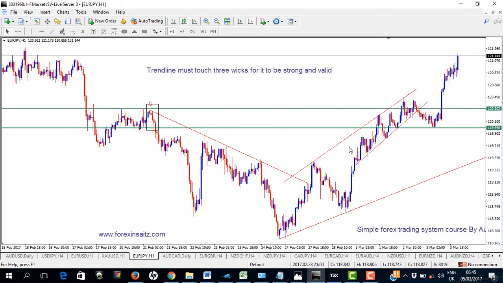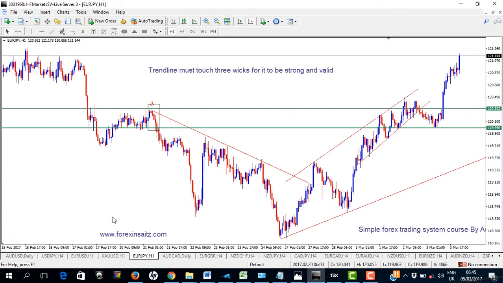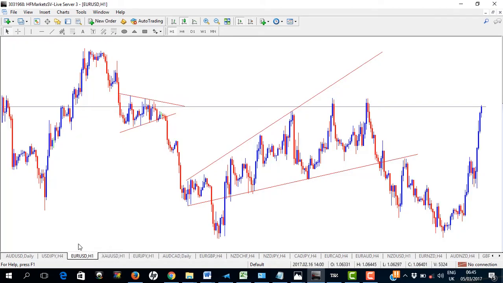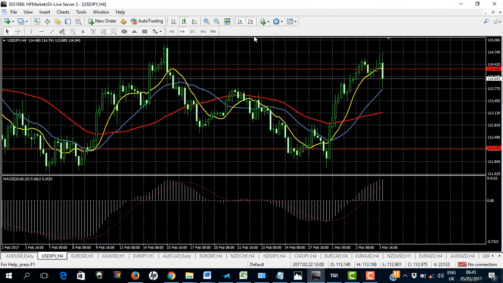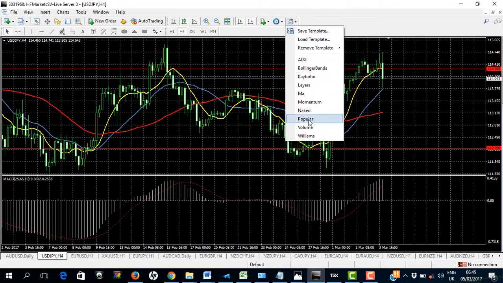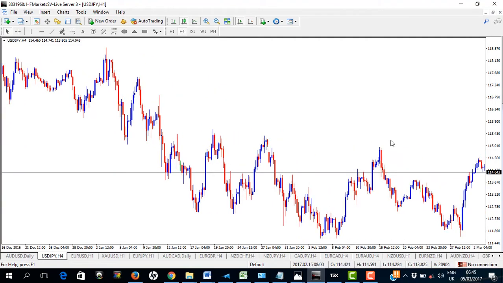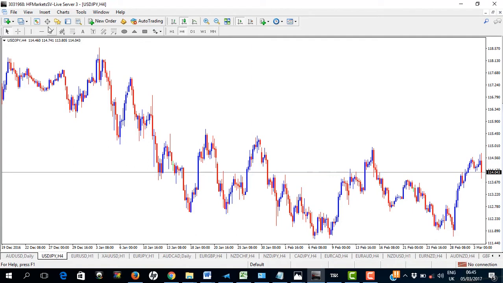And whenever I draw my trend line, I want to draw it like a channel. We'll talk more about channels later. Now just know this: for a bullish trend line, we want to make use of the lower high.